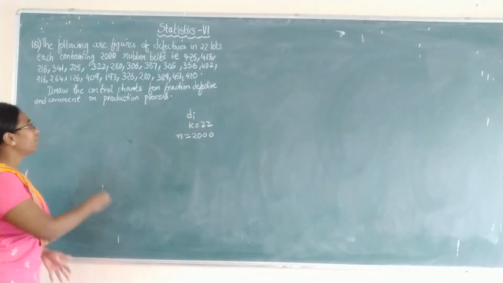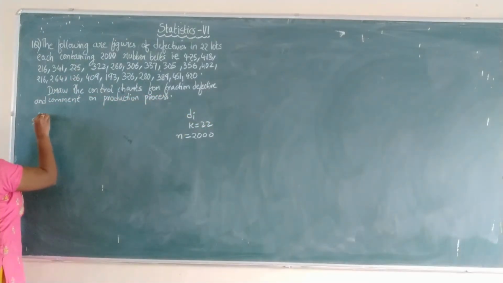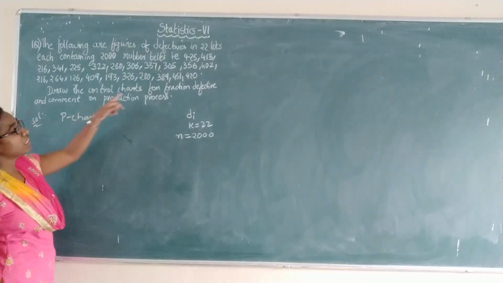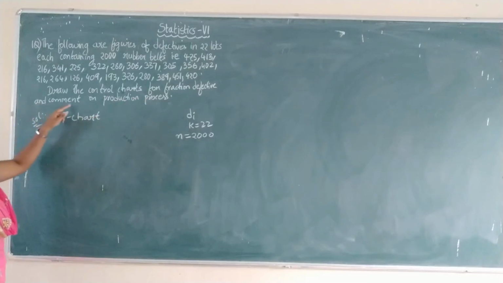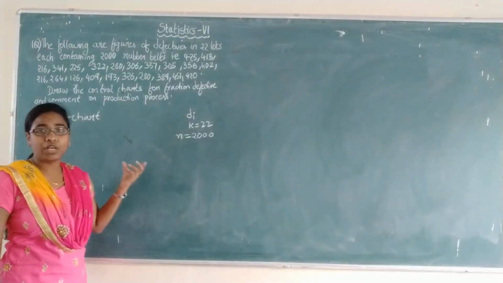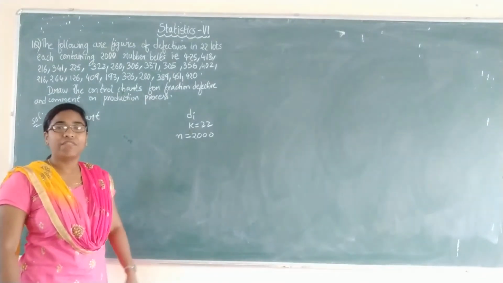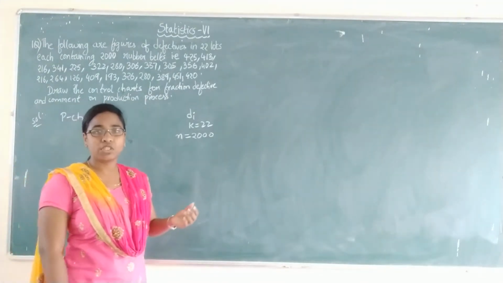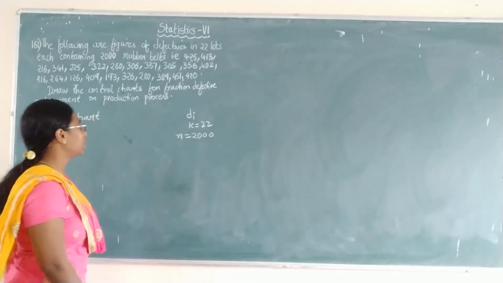Fraction defective means we need to construct the P chart and comment on the production process. After constructing the control limits and drawing the chart, we are going to interpret and say whether there are any high spots or low spots in our production process.